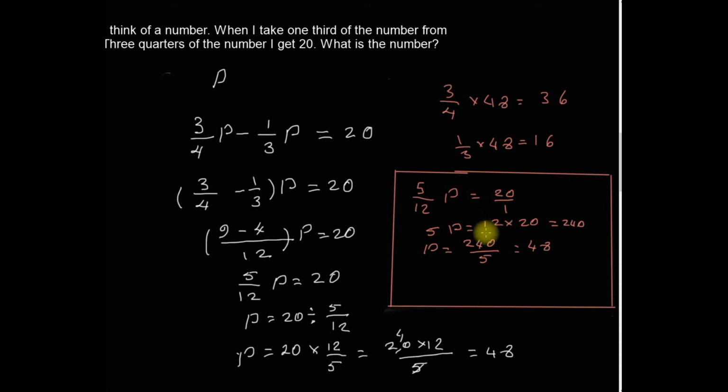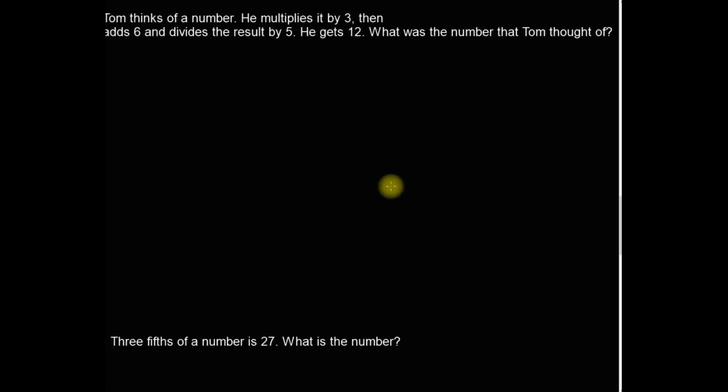Cross multiplication gives me 1 times 5p, which is 5p, is equal to 12 times 20, which is 240. And then p is equal to 240 divided by 5, which is 48. Either way, we arrive at the correct solution.